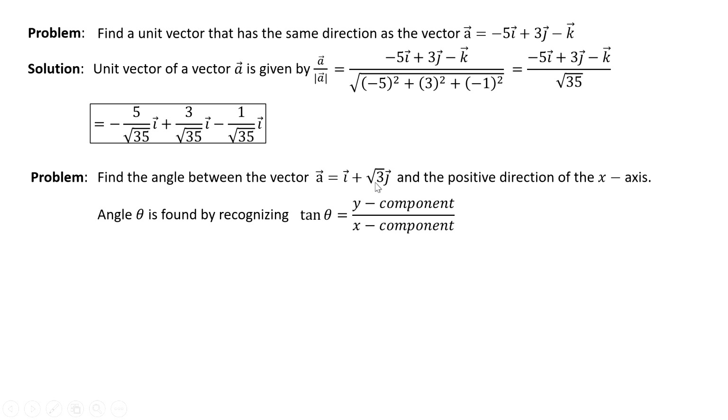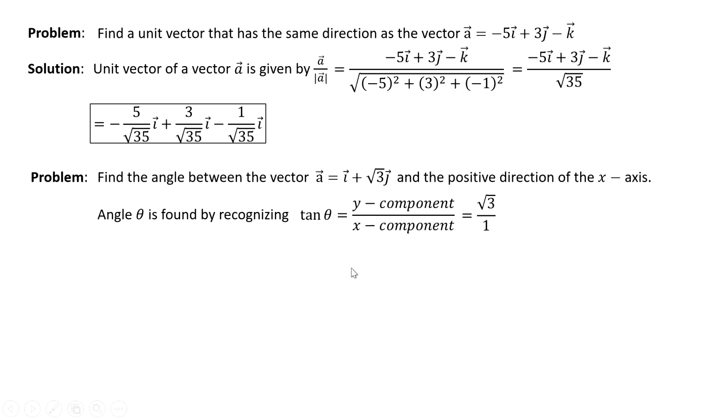Whatever j is being multiplied by, that's square root of 3. What's the x component? Whatever i is being multiplied by, which happens to be 1 in this case. So tangent theta is equal to square root of 3 over 1. Well, do we know if tangent theta is equal to square root of 3 over 1, what theta must be?